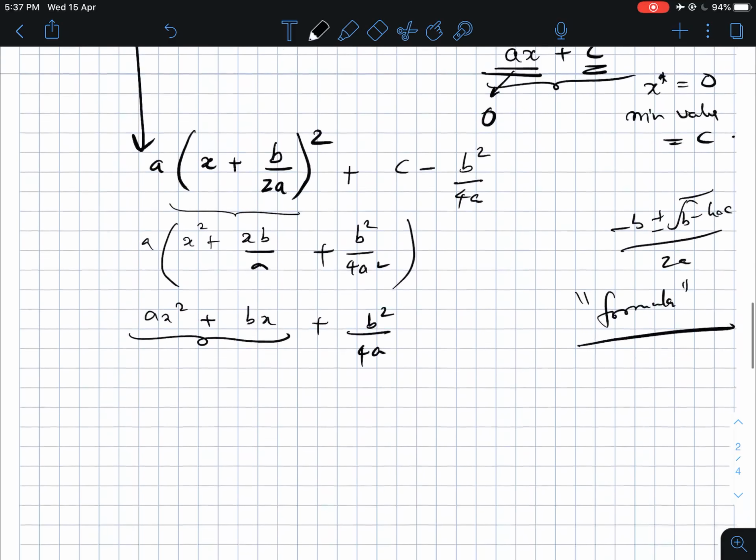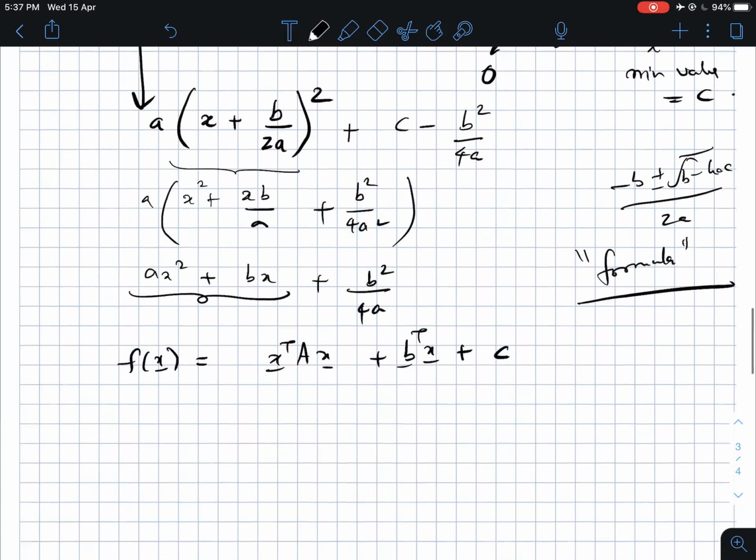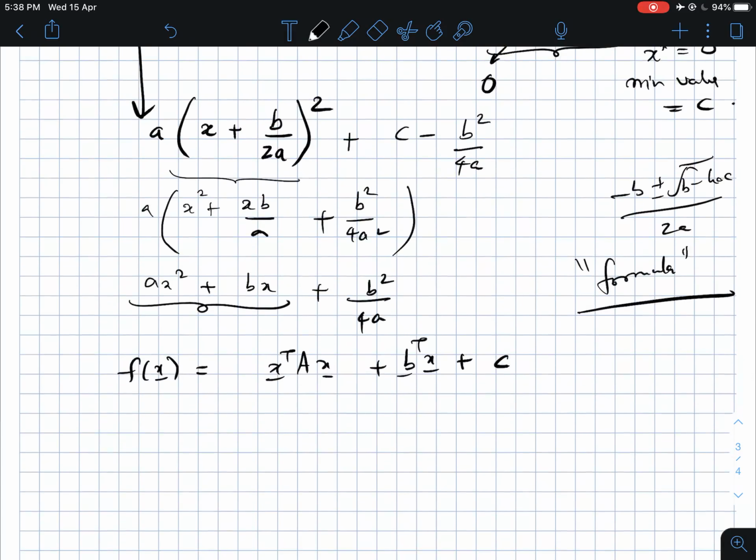So we will do exactly the same thing for these vector, multidimensional quadratic functions. Let's rewrite f of x. f of x is x transpose Ax plus b transpose x plus c. What we did here is we replaced x with x plus b by 2a. Now in the multivariable case, b has become a vector, and A is actually a matrix.